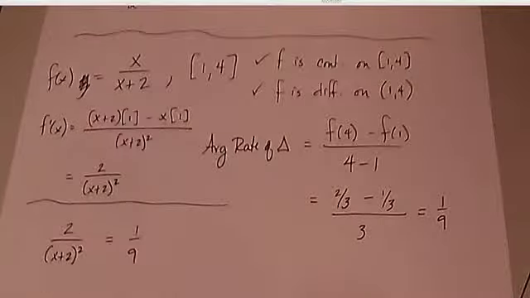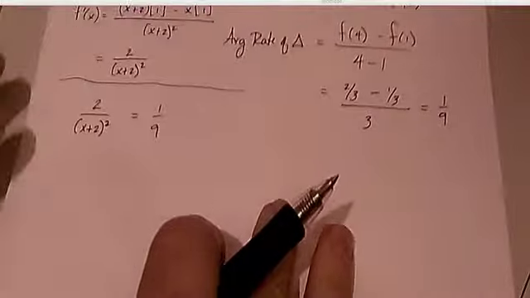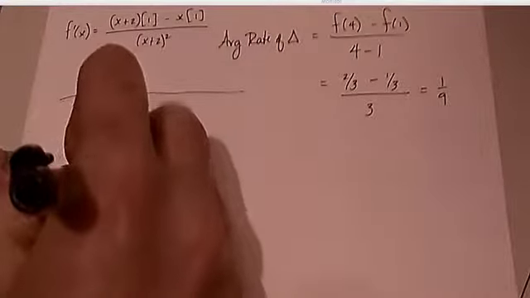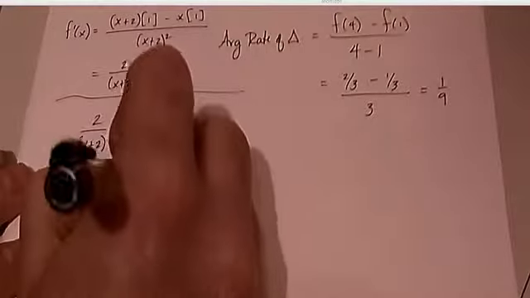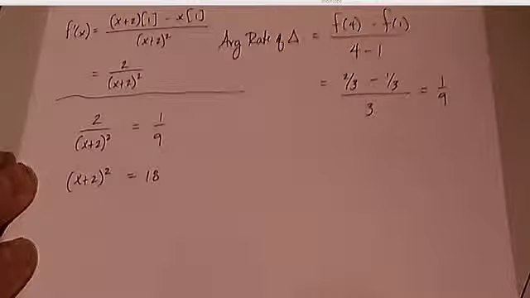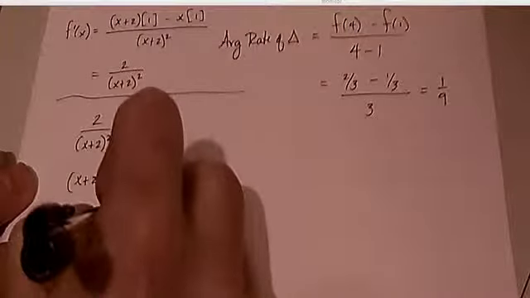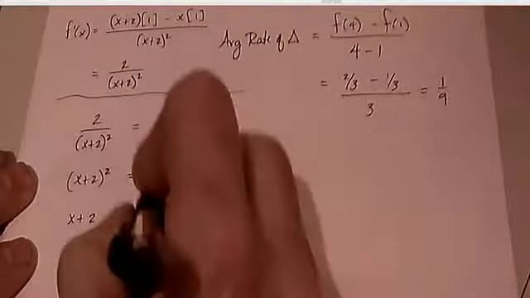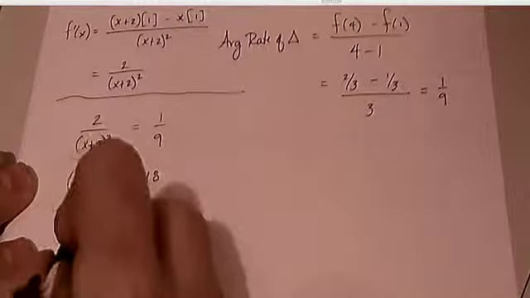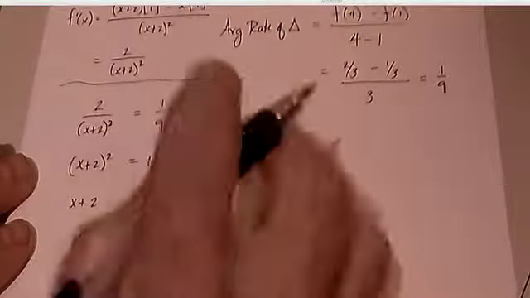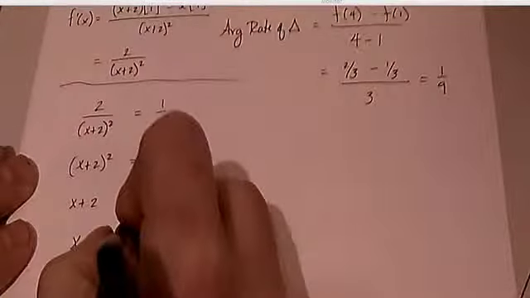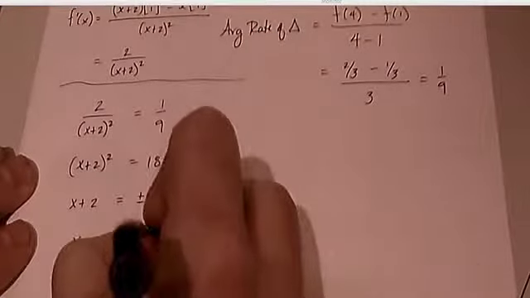I can cross multiply if I want to in order to get down to where I can solve for x. And so I'm going to have (x plus 2) squared is equal to 18. Okay. And so I have x plus 2 is equal to, remember the plus or minus, 3 root 2, or x is equal to -2 plus or minus 3 root 2.